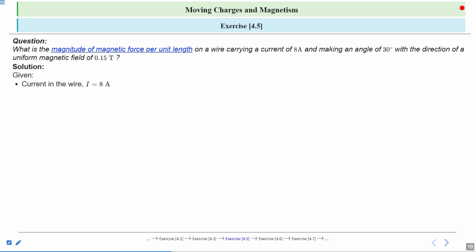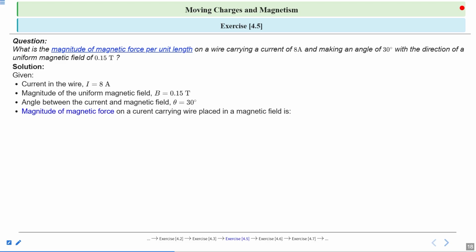Given the current in the wire I equal to 8 ampere, the magnitude of the uniform magnetic field B equal to 0.15 Tesla, and the angle between the current and magnetic field theta equal to 30 degree.